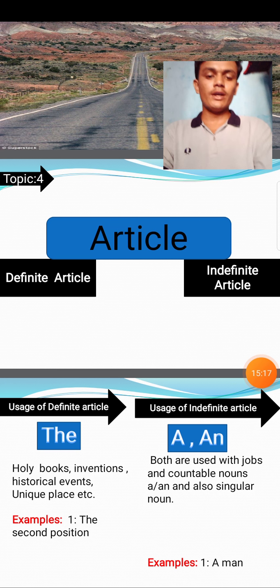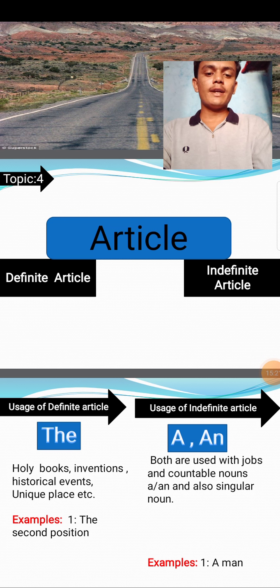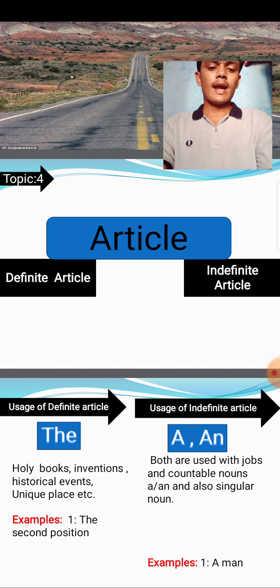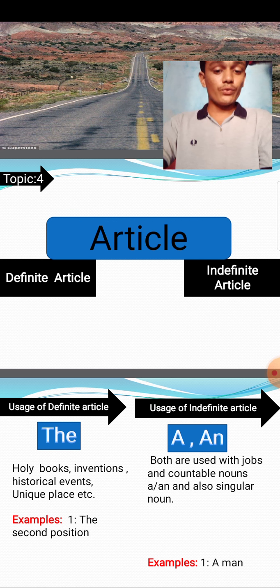This is the usage of the indefinite articles a and an. Let's look at the slide. Both are used with jobs, countable nouns and singular nouns.